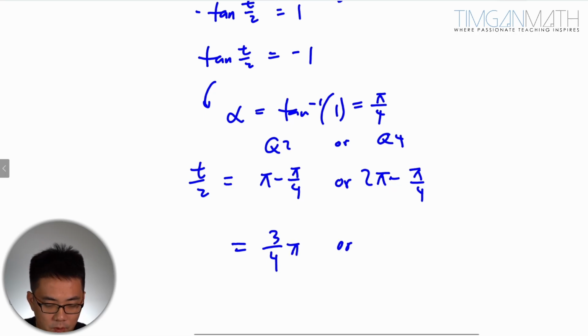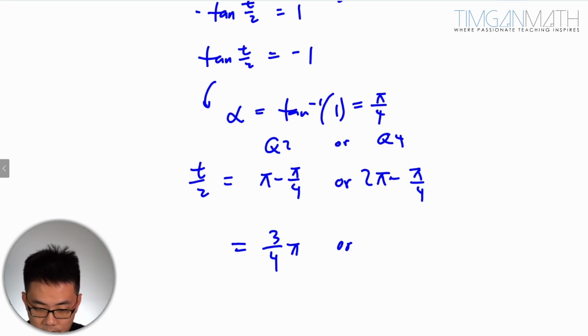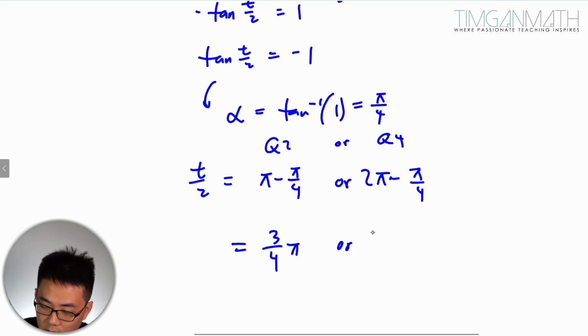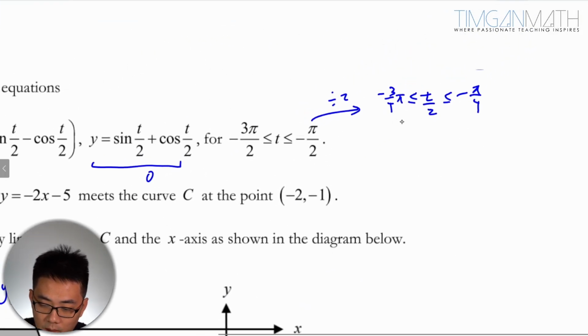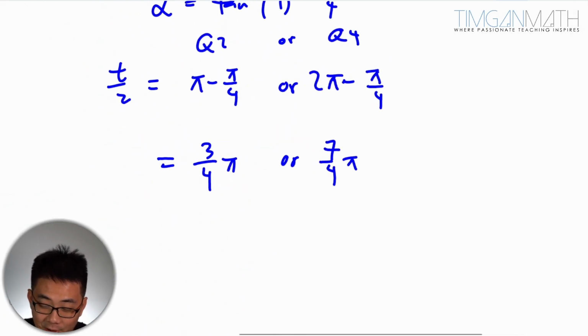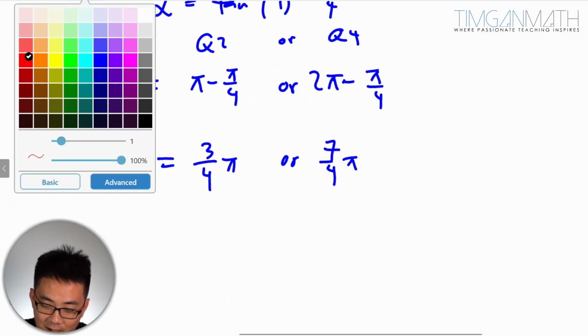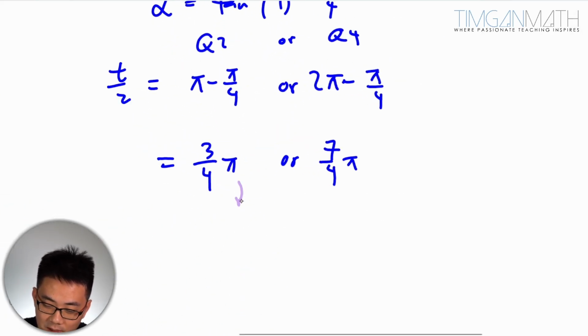That will be 7 over 4 pi. This case here, you could subtract 2 pi because it's the same angle. This is 3 over 4 pi minus 2 pi, which will be minus 5 over 4 pi.